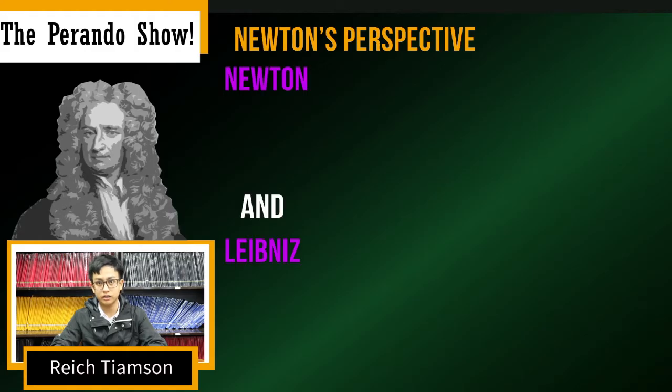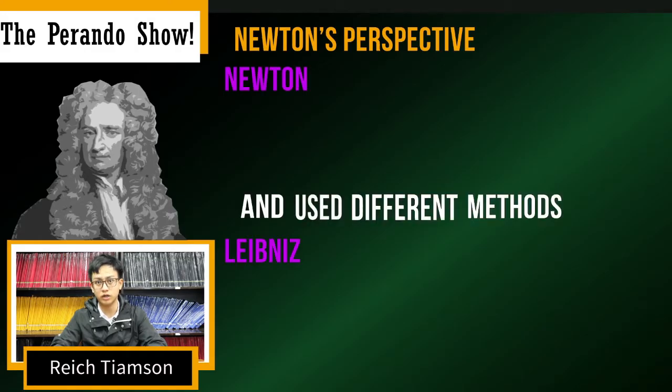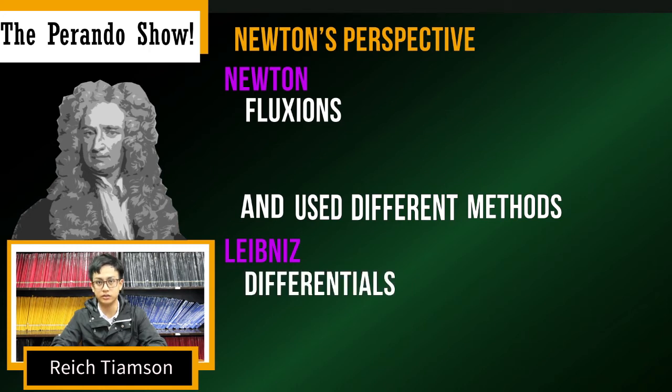Newton and Leibniz both used different methods to develop the fundamental theorem of calculus. Newton used fluxional notation, whereas Leibniz used differential notation. And although right now differential notation and differentials is what is used, I believe that Newton was the one who invented the fundamental theorem of calculus because he was the first one in terms of evidence to write it down.